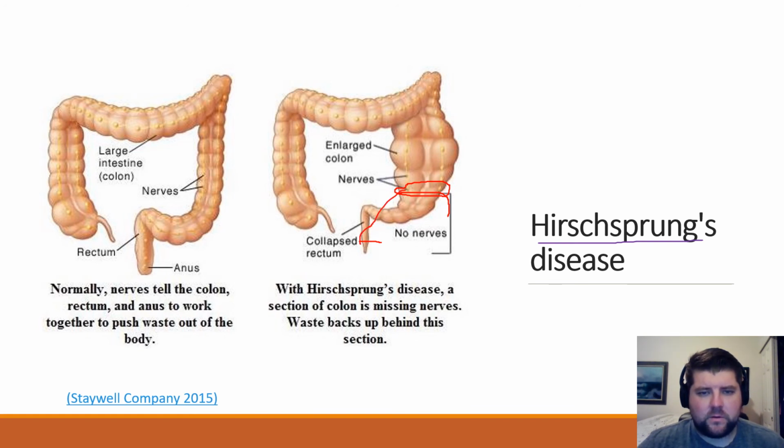But maybe if you were to make some sort of mesh pacemaker that could cause peristalsis, that could surround here using laparoscopic surgery, maybe this type of surgery wouldn't have to be done.